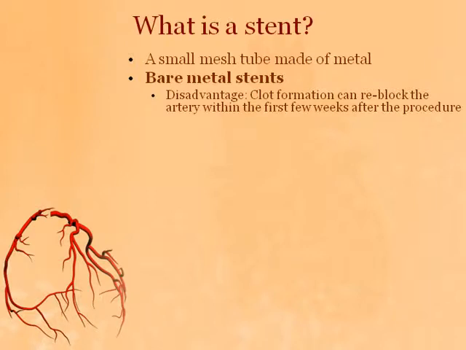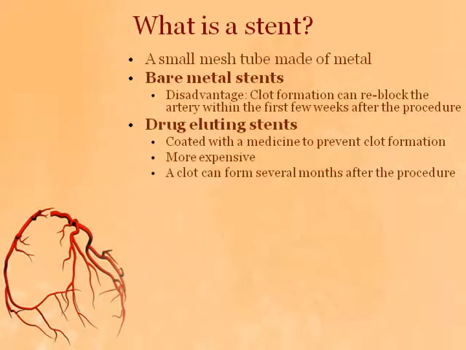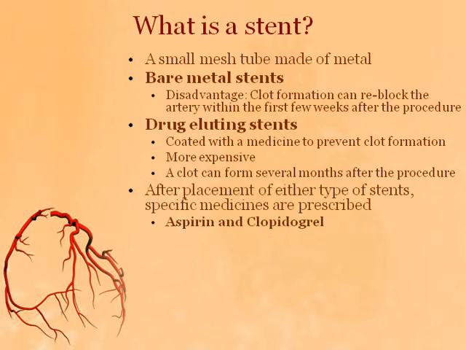One disadvantage that these stents have is that a clot can form on the stent, causing the artery to get blocked again within the first few weeks after the procedure. Now, drug-eluting stents have a medicine coating on them to prevent clot formation. They are more expensive. Now, these stents also have a disadvantage in that a clot can form on them too, but much later than with bare metal stents. This can form many months after the procedure and sometimes years later.